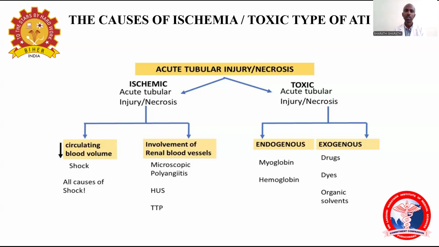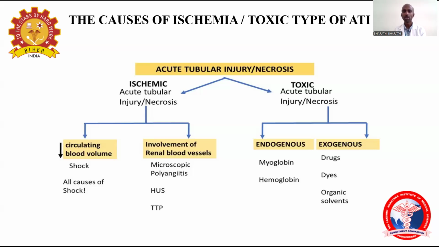Whenever there is a decrease in circulating blood volume, the blood supply to the renal organ is impaired, and it will ultimately result in ischemic acute tubular injury. And then anything which involves the renal blood vessels, for example microscopic polyangiitis, hemolytic uremic syndrome, or TTP. These conditions affect the renal blood vessels, so this also ultimately leads to ischemic acute tubular injury.